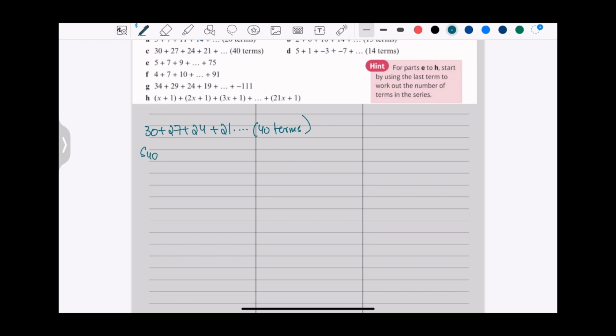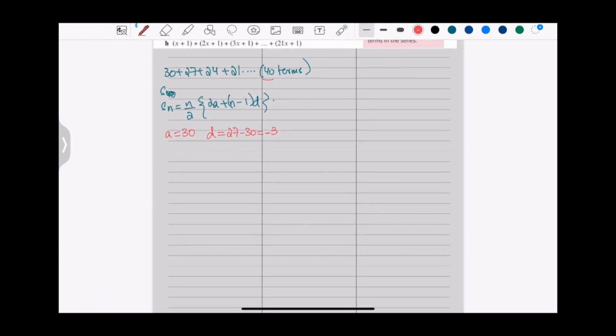S40, or Sn equals n over 2 times 2a plus n minus 1 times d. I am supposed to find the sum of 40 terms, where a is the first term, which is 30, and the difference is 27 minus 30, which is negative 3.